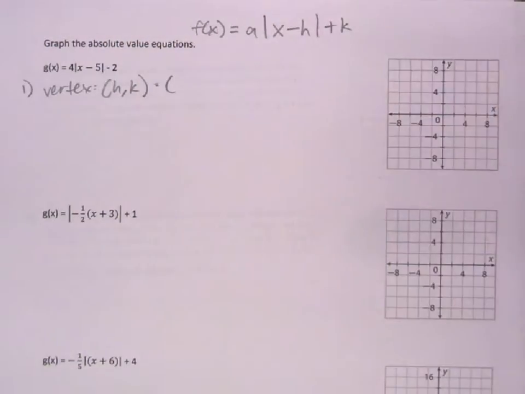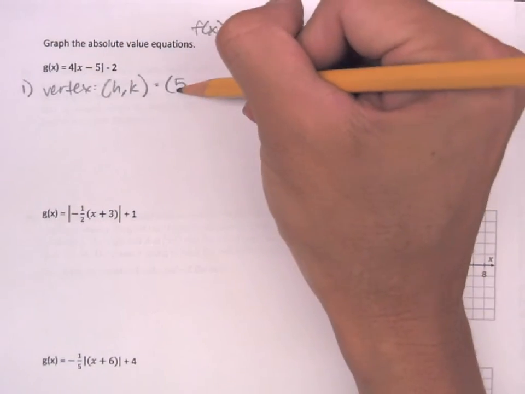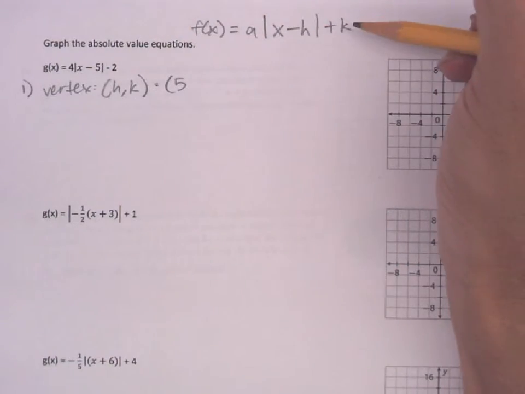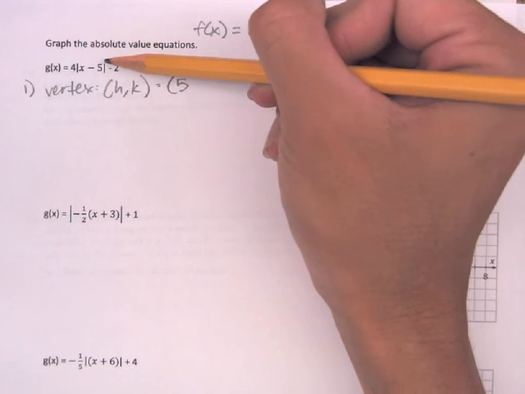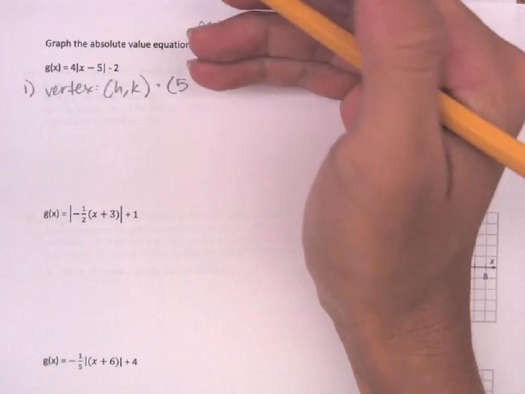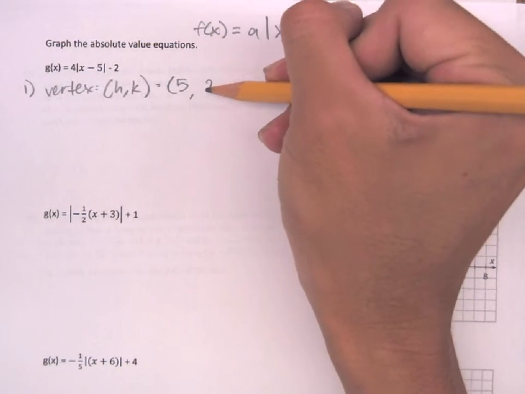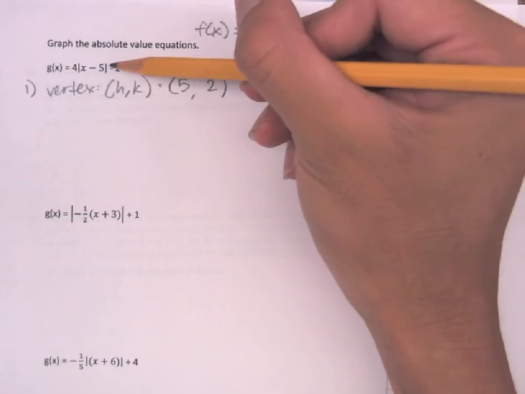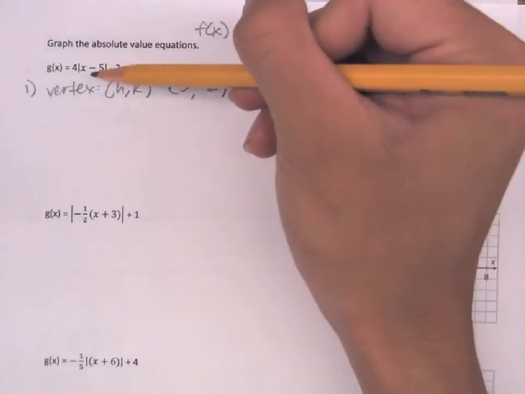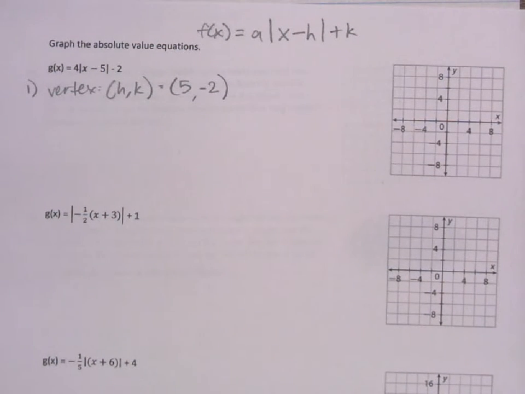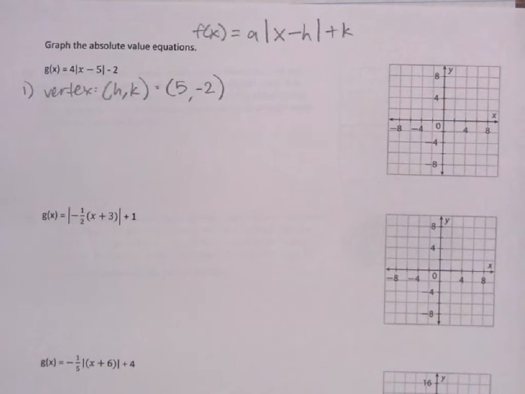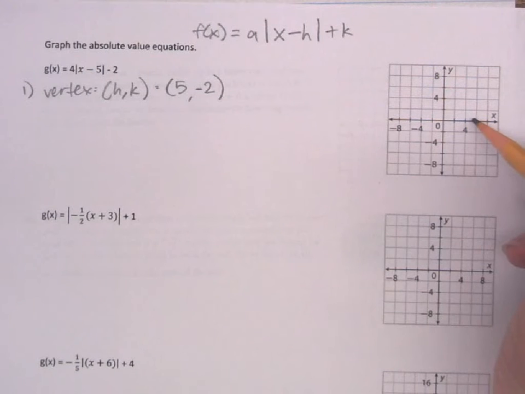So if we look at what h and k are, h is 5. My k, look at this here. If it was a plus 2, then it would look like this. Do you see that? If it was a plus here, it would be a plus 2. We have a negative here, so that means our vertex is going to be (5, negative 2). Okay, so I'm going to plot that there. This is 5, negative 2, about there.